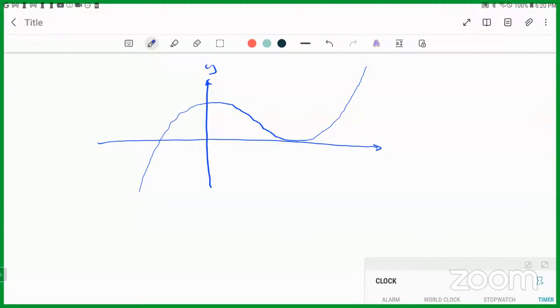I'm giving a graph of a function. It is f of x equals x cubed plus bx squared plus cx plus d. This point is -1. This point is 2.